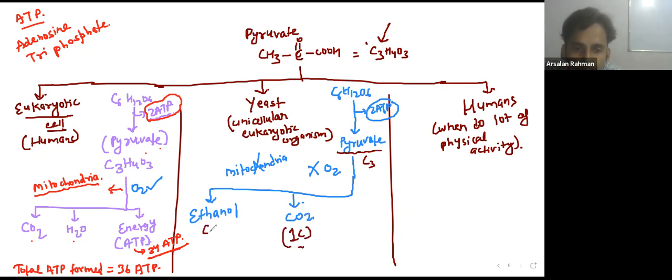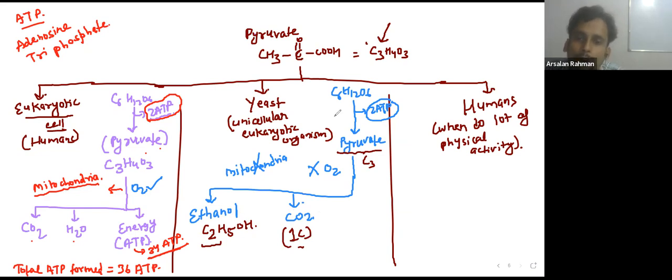And the formula of ethanol is C2H5OH. How many carbons can you see here? 2 carbons. So the 3 carbons of pyruvate are divided into ethanol and carbon dioxide. 1 carbon is removed as carbon dioxide and 2 carbons as ethanol.